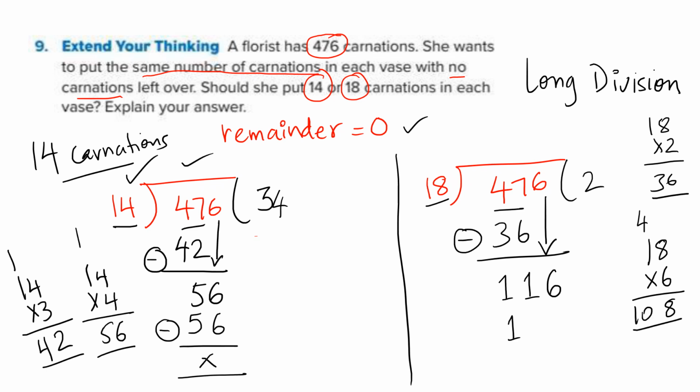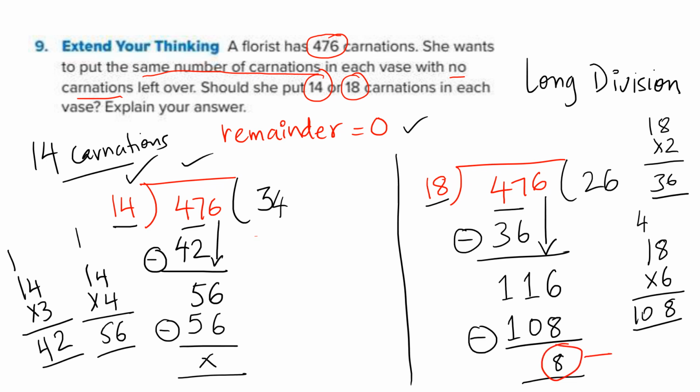So when I subtract these two, 116 minus 108, it's just remainder 8. That means when I do this division, 18 multiplied with 26, I'm still left with remainder 8.